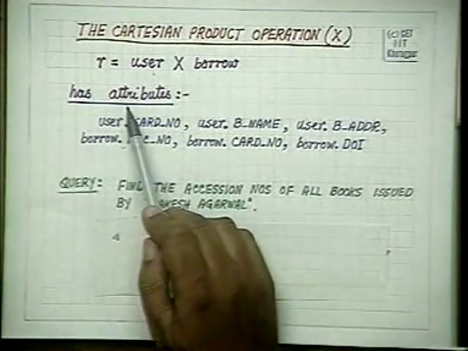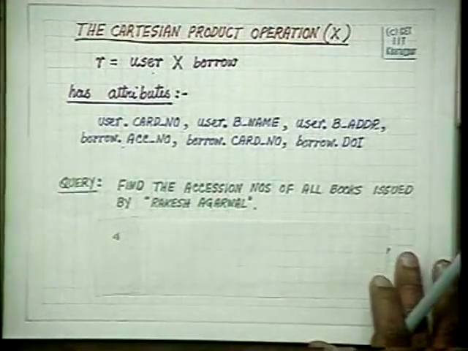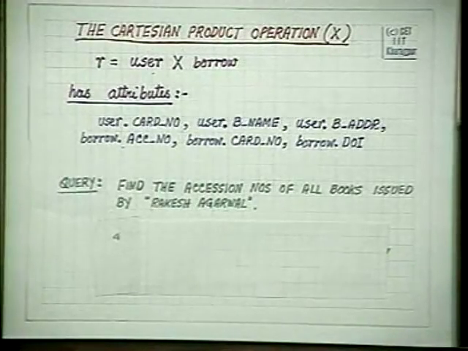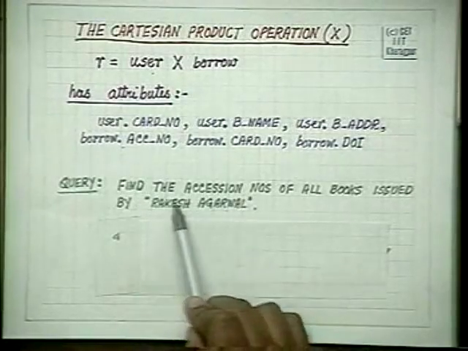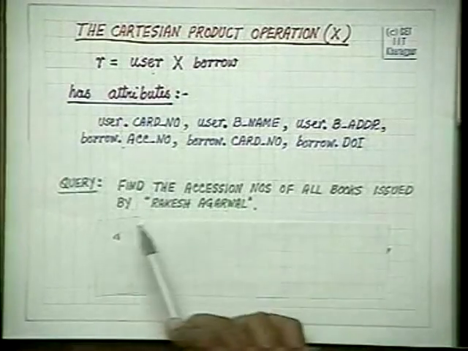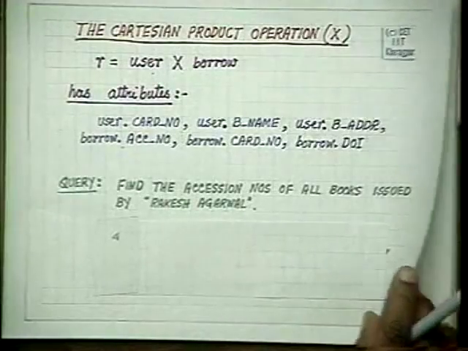Now how will we use a Cartesian product? Till now we have done only project and select, and using project and select we cannot combine two relations. We have project on a single relation and select on a single relation. Now we are trying to answer this query: find the accession numbers of all books issued by Rakesh.